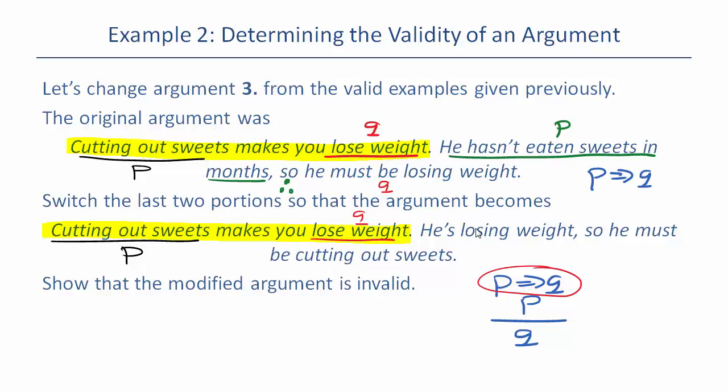So this is the premise, this is the conclusion, right? The so is the therefore, that's the conclusion. So instead of our original structure of this, we now have P implies Q, and then he's losing weight is Q, and then we're asking for P, right? Quite different. We're saying this is true, does that force P to be true?